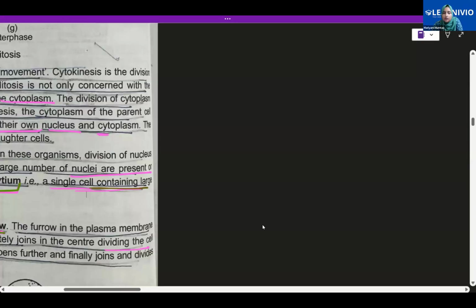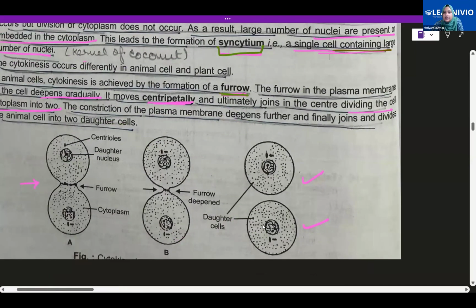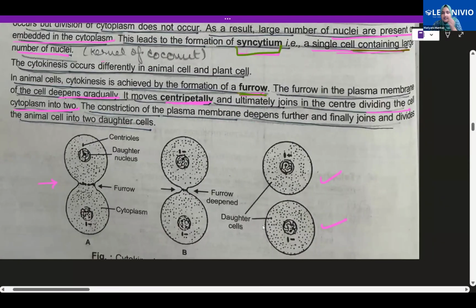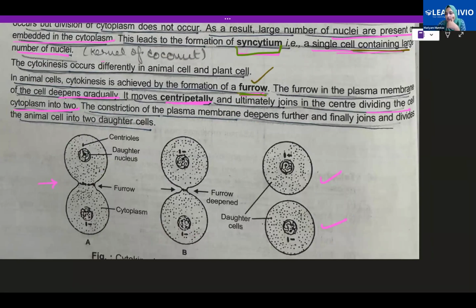So the difference between the cytokinesis of a plant cell and the cytokinesis of an animal cell is the way the cell splits. In animal cells, cytokinesis is achieved by the formation of a furrow. Furrow means deepening, like this, deepening. Then it will separate.